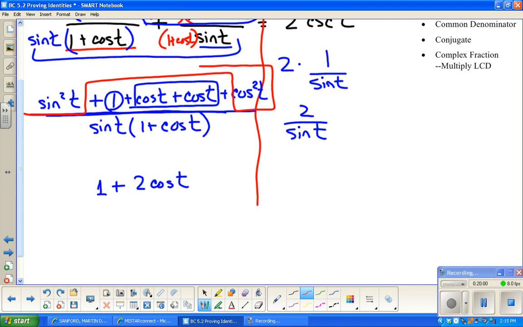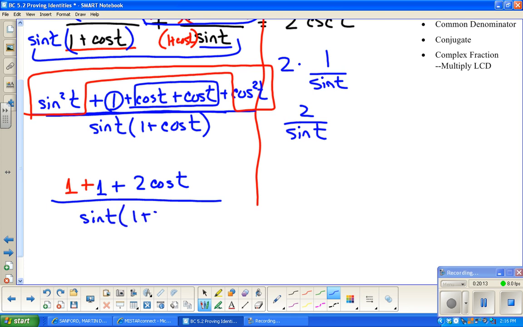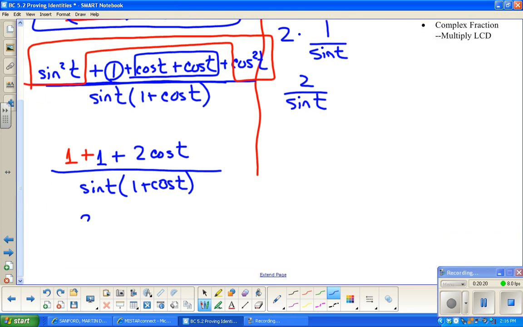I have sine squared plus cosine squared, which is 1. Now don't forget your denominator. The denominator was sine of t. All right, one more little simplifying thing, and then we got to get serious about being clever.